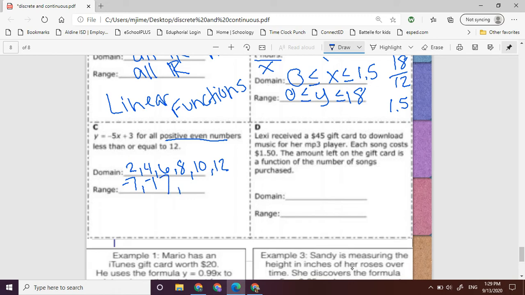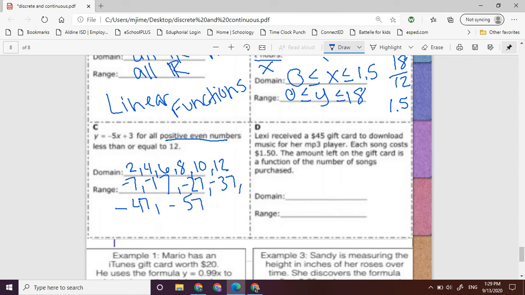And then for 6, that's negative 30, and that's going to be negative 27. So it's subtracting 10 more every single time. So this is negative 37, negative 47, and negative 57. It's adding negative 10 each time.